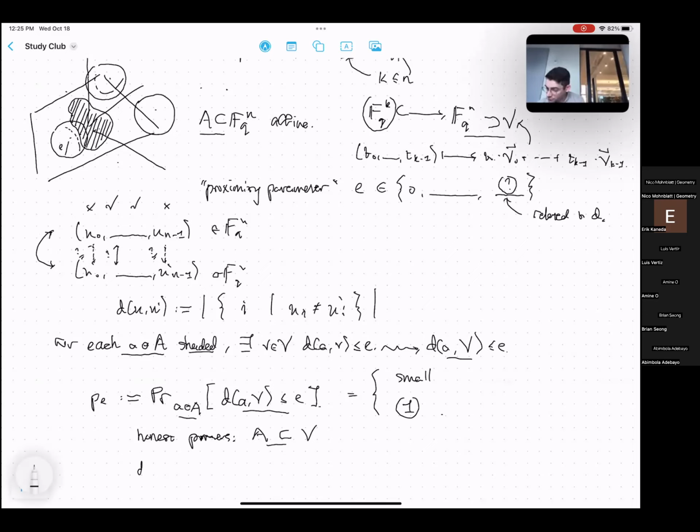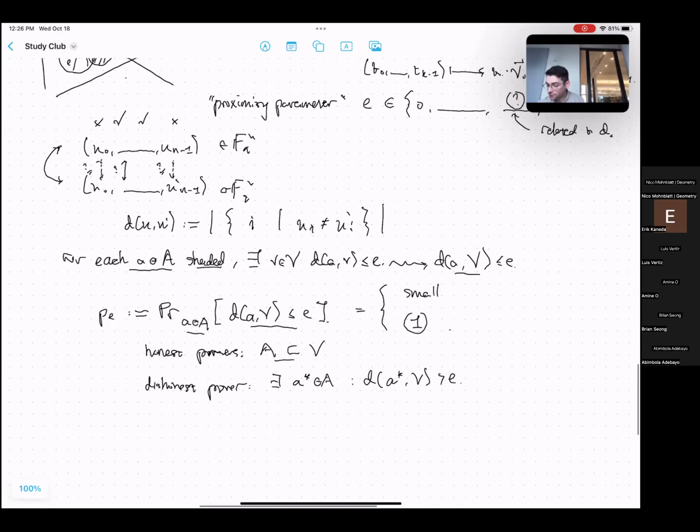For a dishonest prover, there exists an A star such that A star is far from the code, greater than E. Okay, and imagine that a very bad thing happens if the prover chooses A. Imagine it's bad if the prover can get away with an A for which this is true.